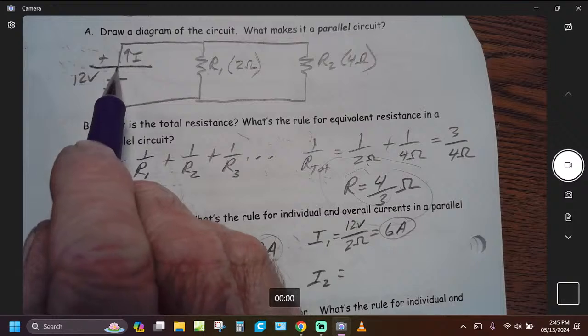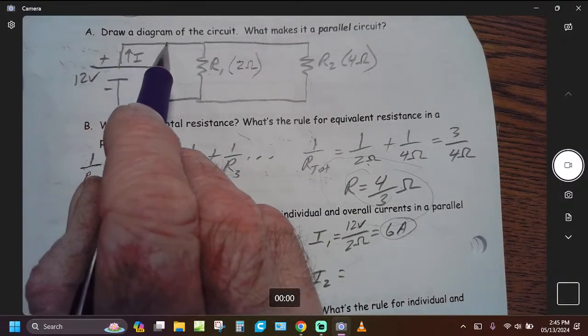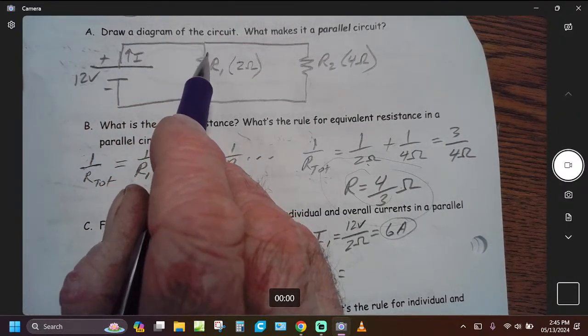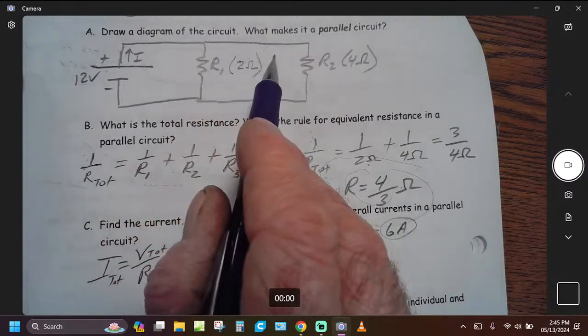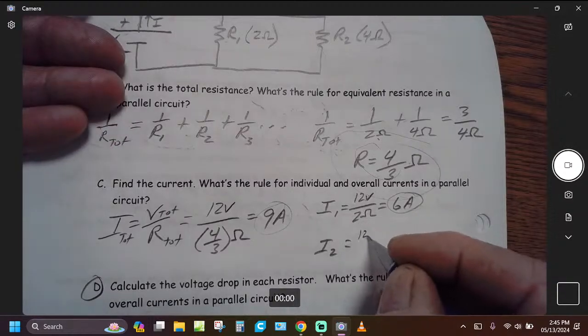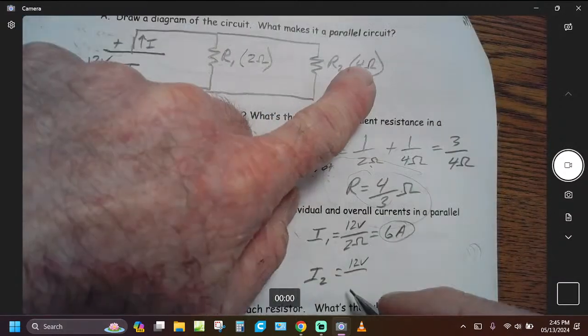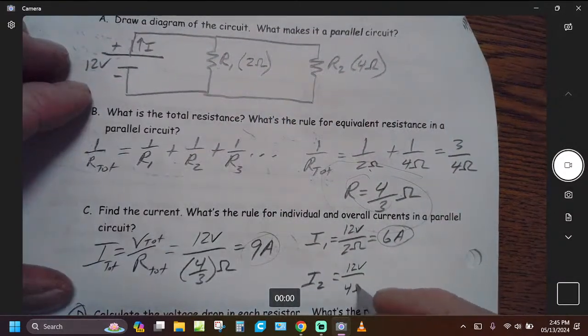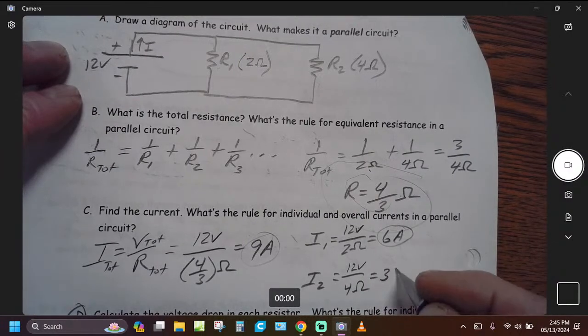Yeah. So this is 9 amps of flow right here, and 6 of it went this way. So this is going to be the rest of it. Or we could do it this way. We could say there's 12 volts, and you divide that by 4 ohms, and you get 3 amps.